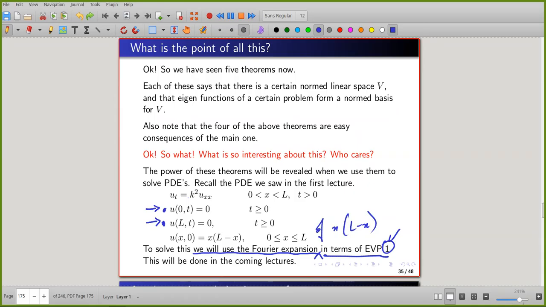So this is the heat equation. If you want to solve the wave equation, I don't remember the exact equation now. But to solve these kinds of differential equations, we will take this thing and write its Fourier expansion in terms of eigenfunctions for EVP1.